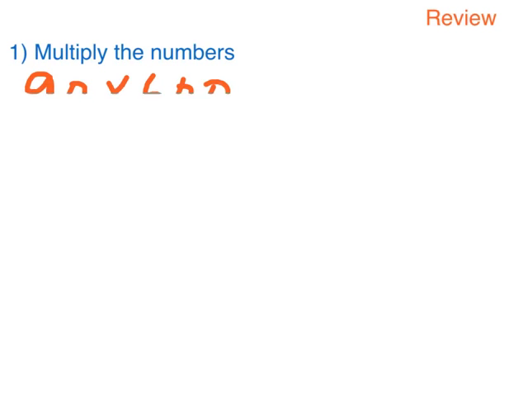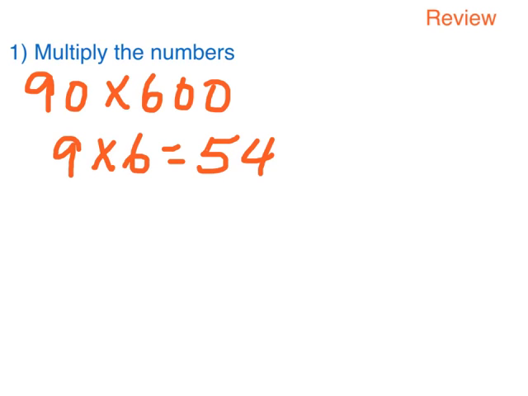So in this lesson we learned a quick and easy strategy for getting the product, which is the answer to multiplication questions when we multiply by multiples of 10. So the first step we used was to simply multiply the numbers other than the zeros, 9 times 6 in this example was 54.